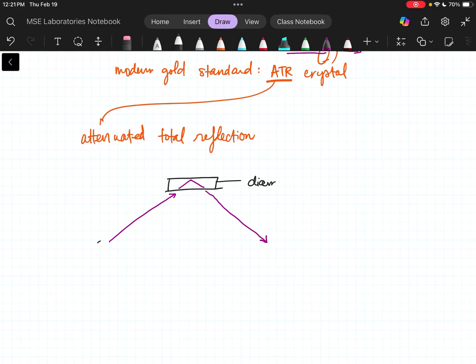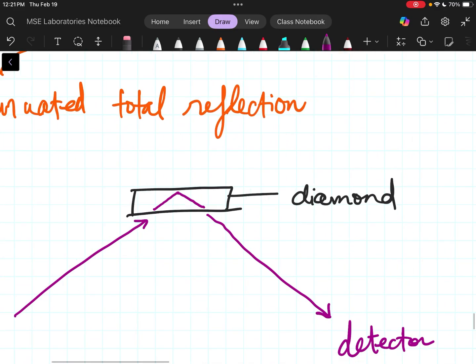My light comes in and it's refracted off the interior surface. So my beam actually kind of reflects off the inside of my diamond. This diamond. And I've got my detector over here.